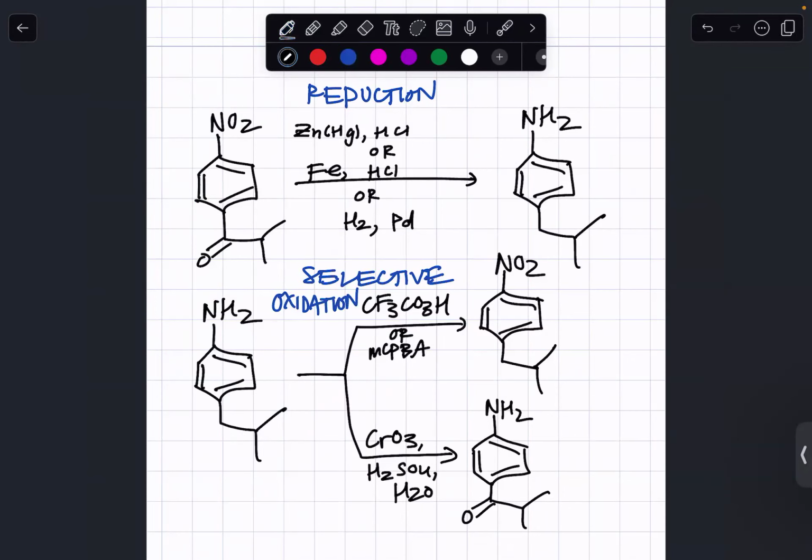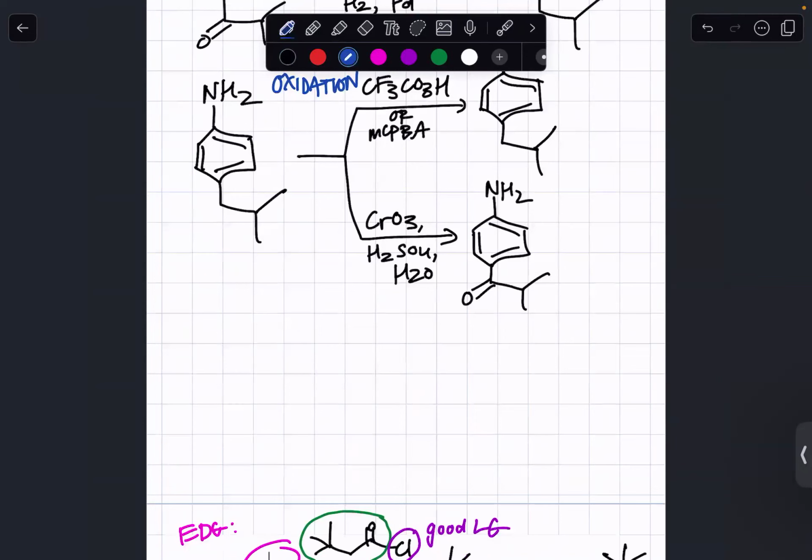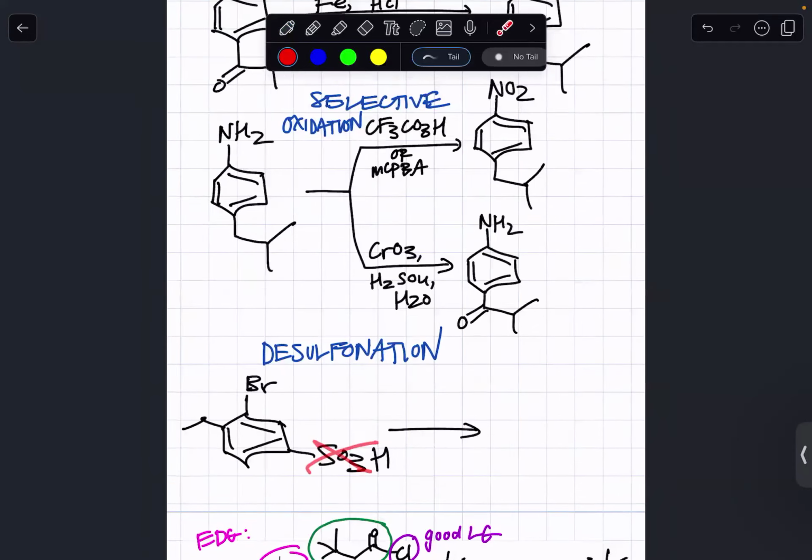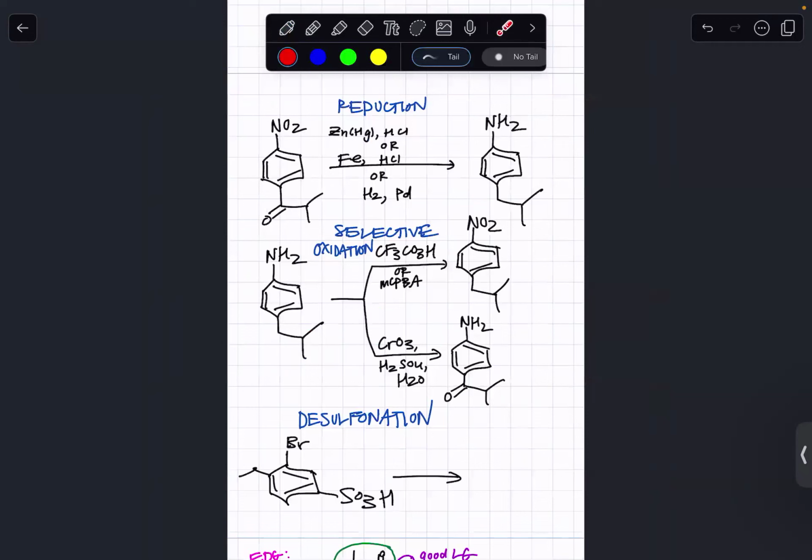Okay, there is another helper reaction that I want you guys to know, which is desulfonation. So let's say we have a benzene ring that has some kind of random group, ethyl, bromine, and SO3H. What reagents would completely get rid of this SO3H? I think this is one of the newer lecture materials, like the chapter 16 ones.